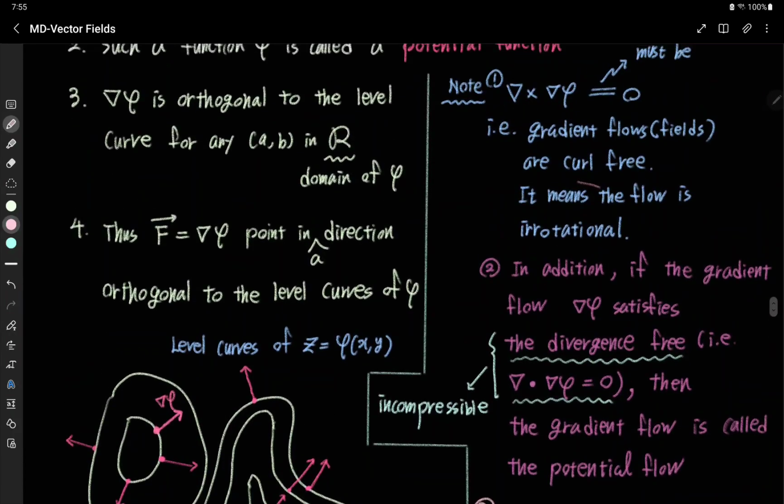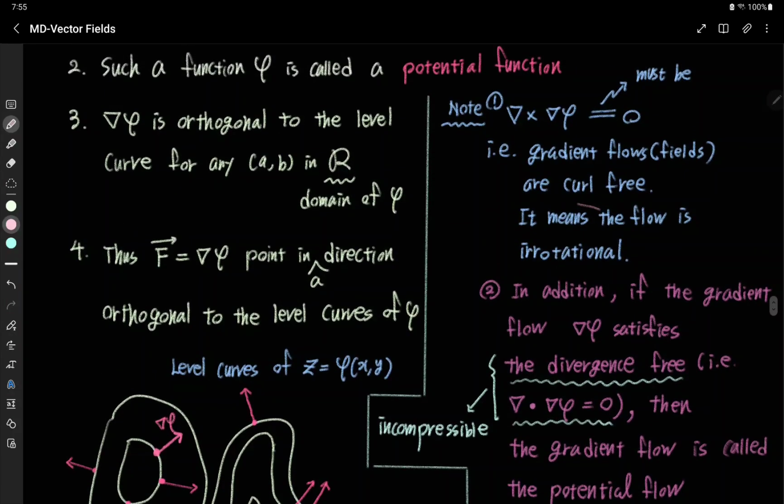We're going to talk about this later, but I want to mention it first. The cross product of the gradient with the gradient of psi is 0, which means that the gradient flow, or gradient field, is curl free.